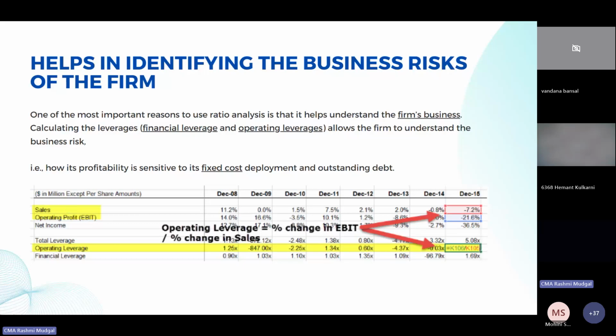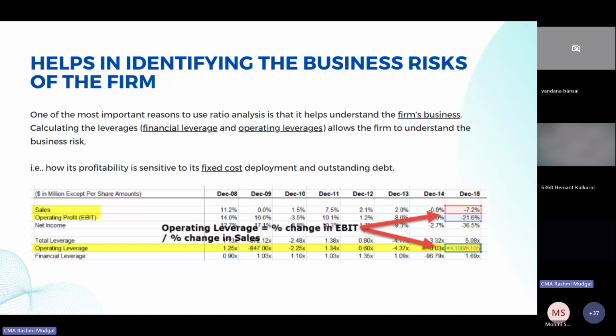We can see in mutual funds and share ratios that there are red marks. How these red marks are calculated is by these ratios actually. One of the most important reasons to use ratio analysis is to understand the firm's business and calculate the leverage, financial leverage and operating leverage, and we see how much financial risk or business risk is with the company.